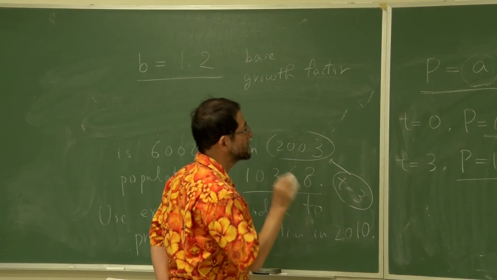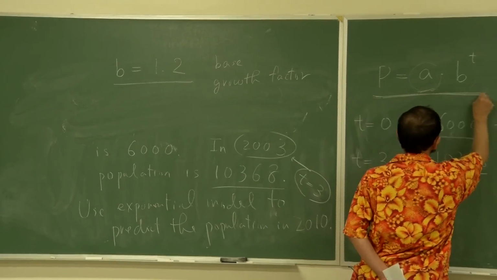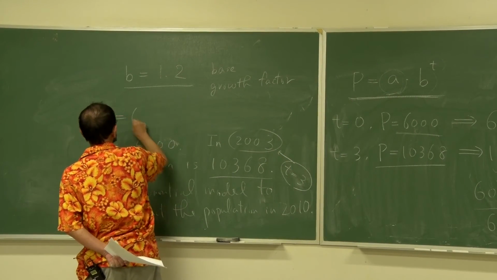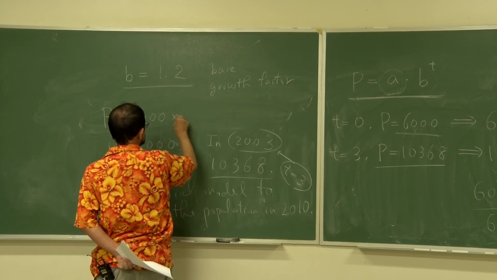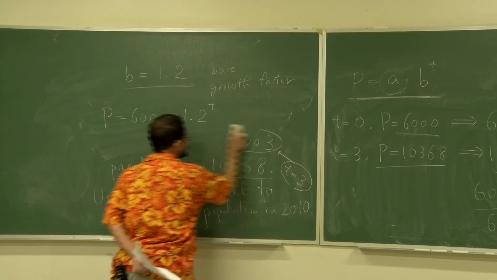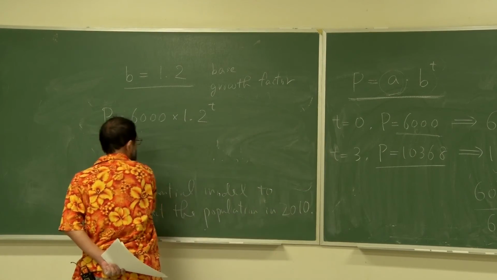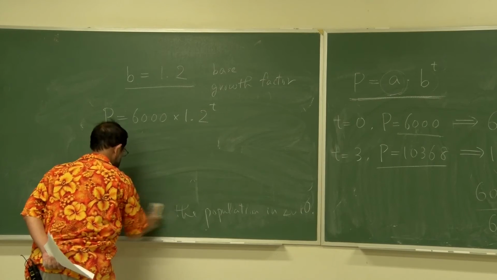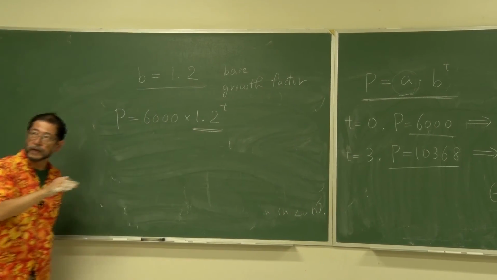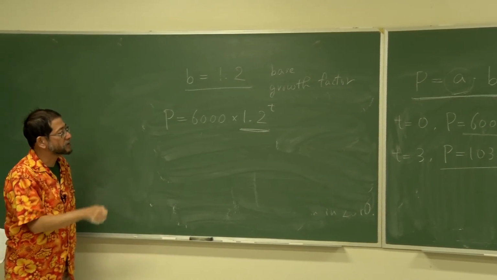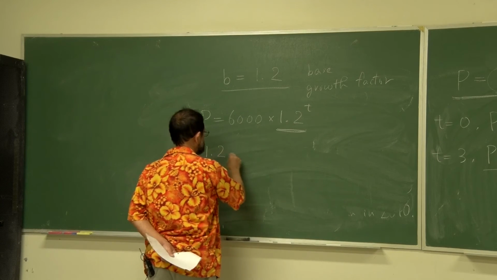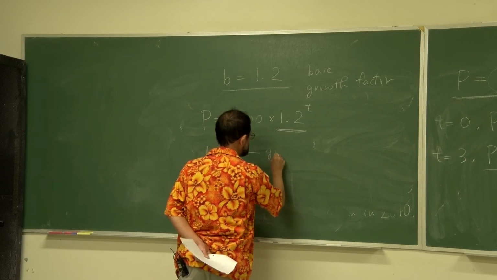Because now you plug a and b back into the original model, you have p is equal to 6,000 times 1.2 raised to t. So this means every year the population increases. You multiply 1.2 to the previous year's population to get the population in the next year. So 1.2 is called the growth factor.